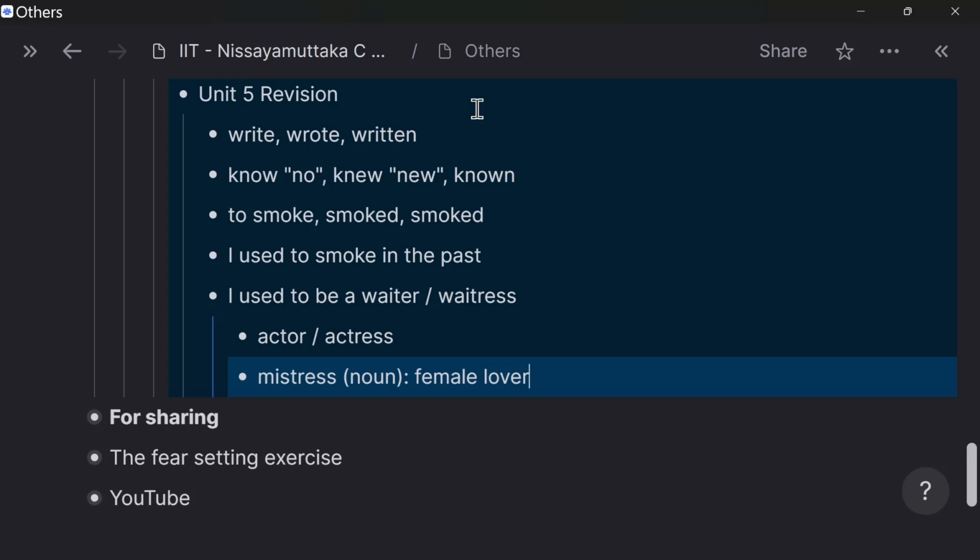He's married to woman A, but he also has a relationship with woman B. So that woman B, who is not his wife, is a mistress.